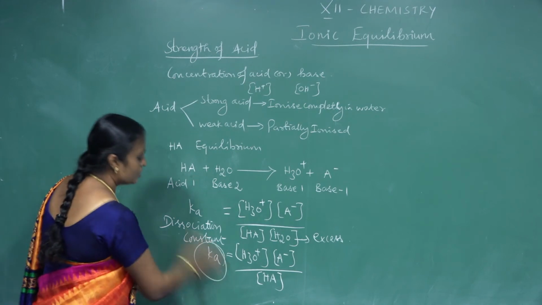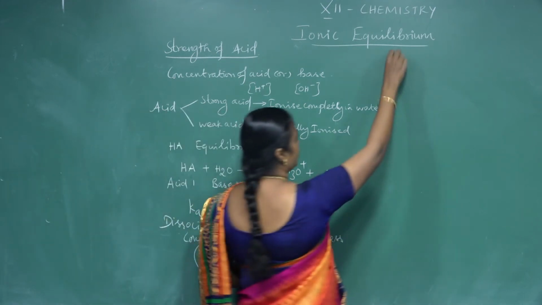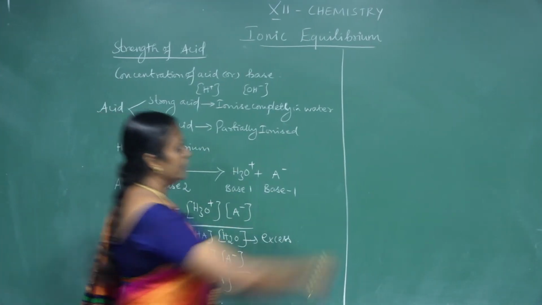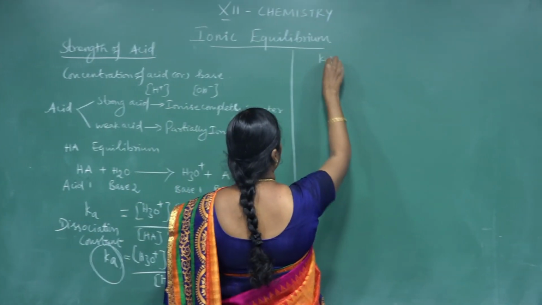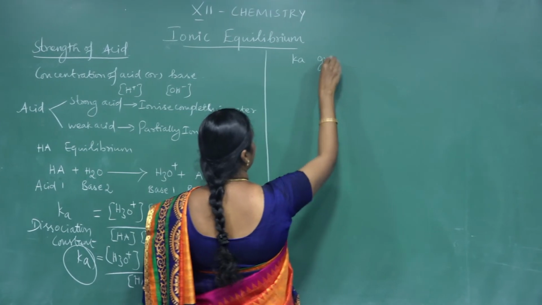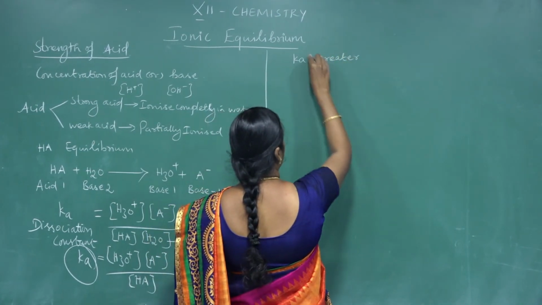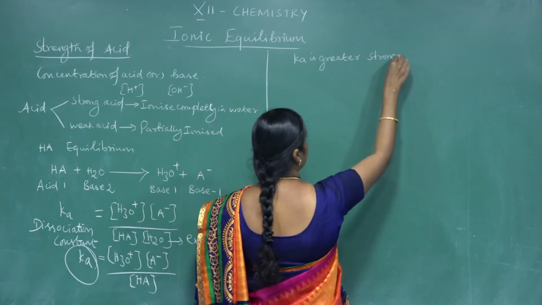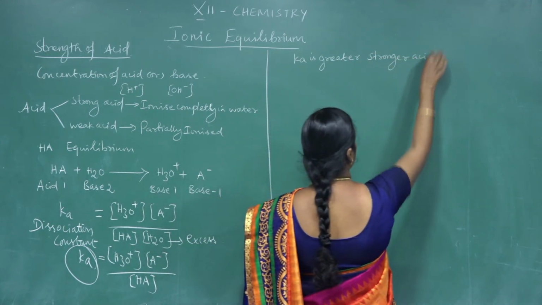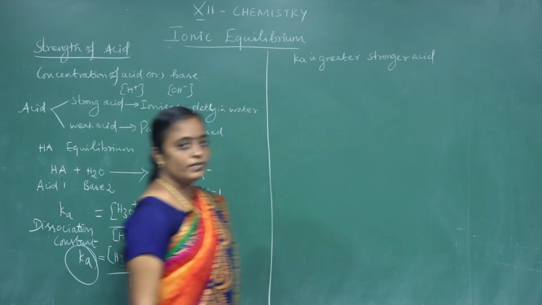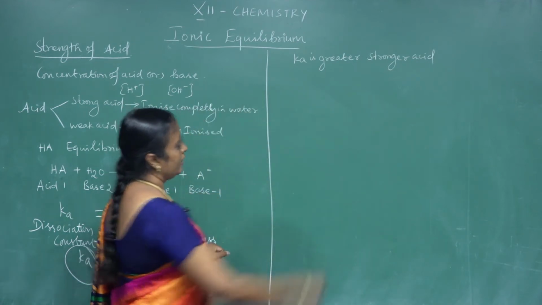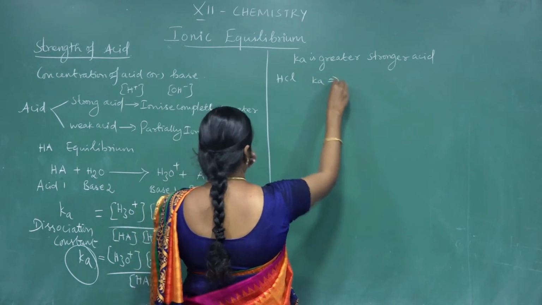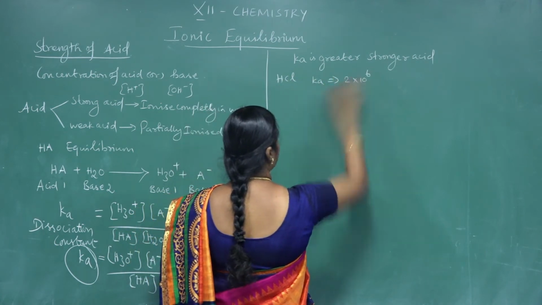From the dissociation constant, we come to know about the strength of an acid. If the Ka value is greater, the acid is stronger. That should be considered a stronger acid. For example, if I take hydrochloric acid, the Ka value is about 2 into 10 power 6.